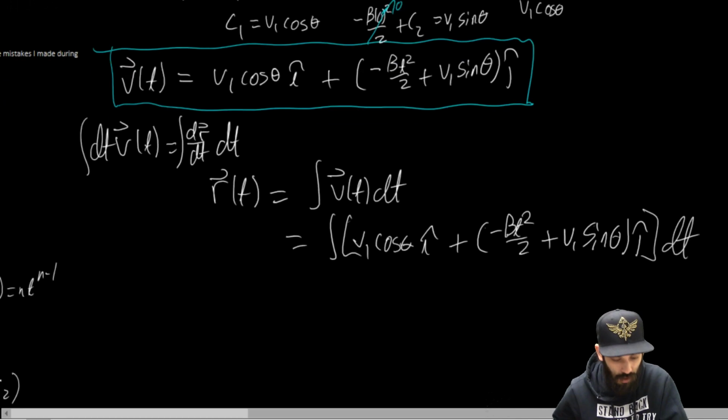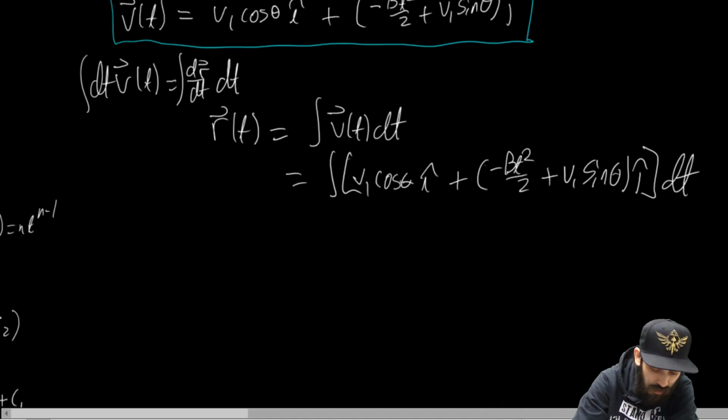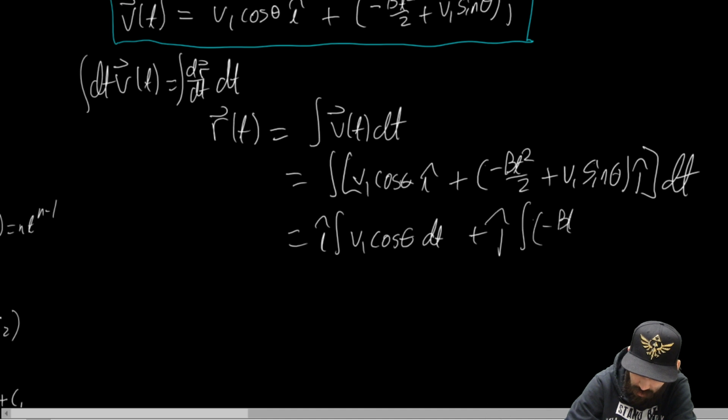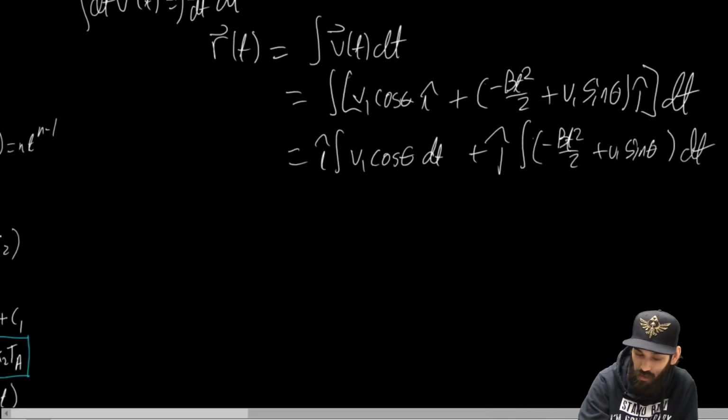Okay, so the integral of the sum is equal to the sum of the integrals. This is really equal to the integral of v1 cosine of theta dt, and let's bring our i hat outside, plus j hat times the integral of parenthesis minus beta t squared over 2 plus v1 sine theta dt. Let's do the integrals that we have here.